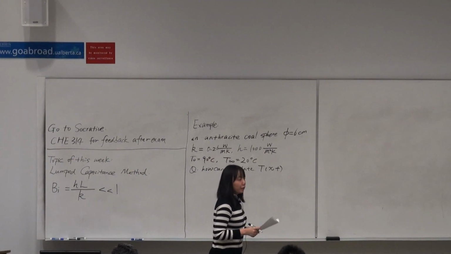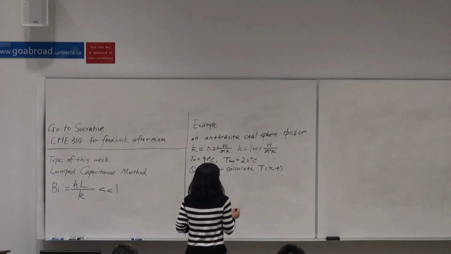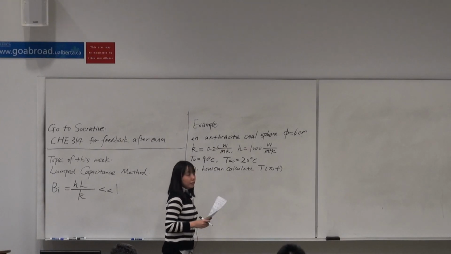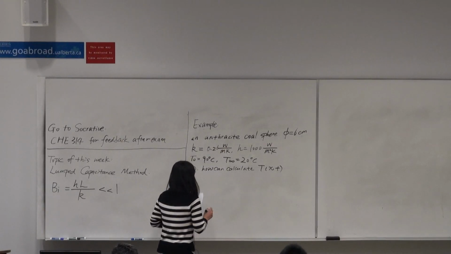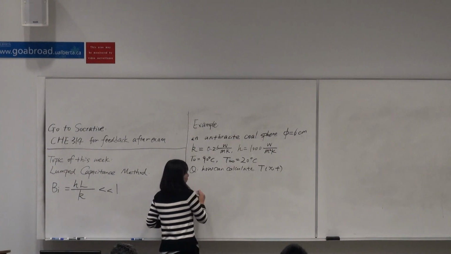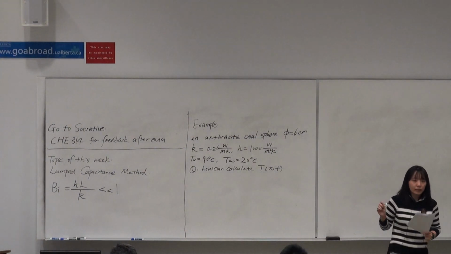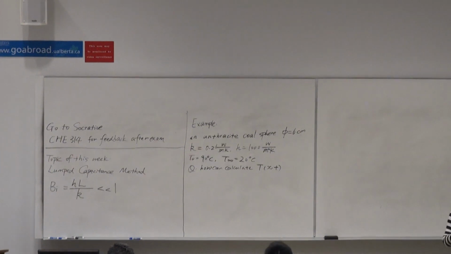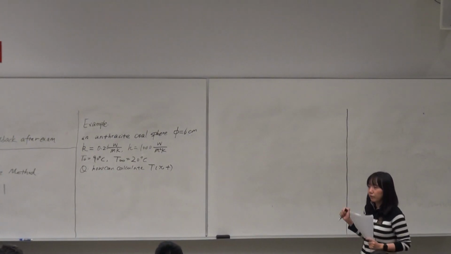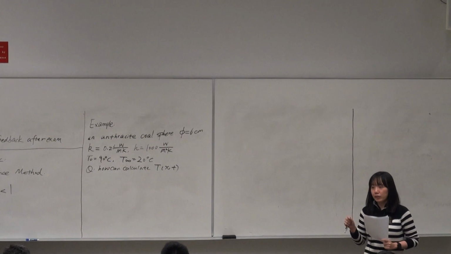Very similar to our copper sphere example, but now with a different material. What should be our first step to solve a transient conduction problem?